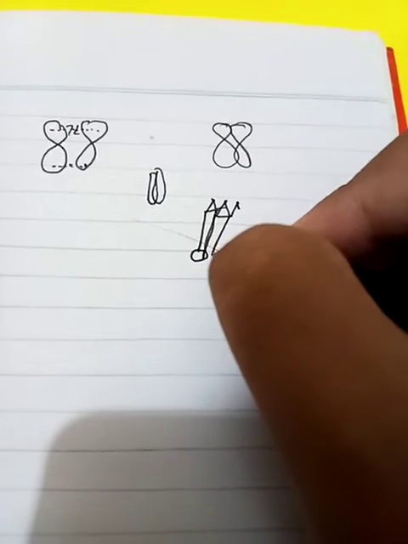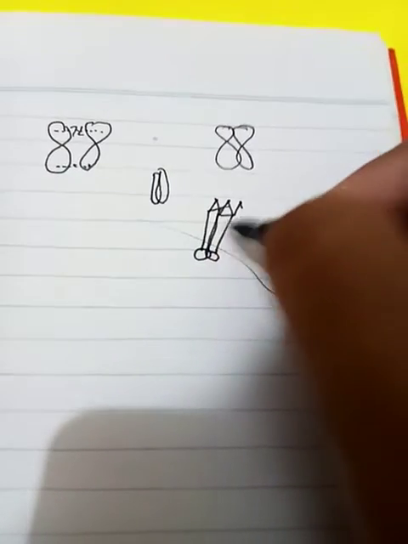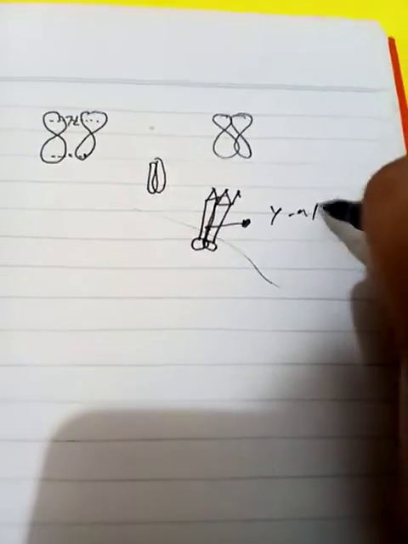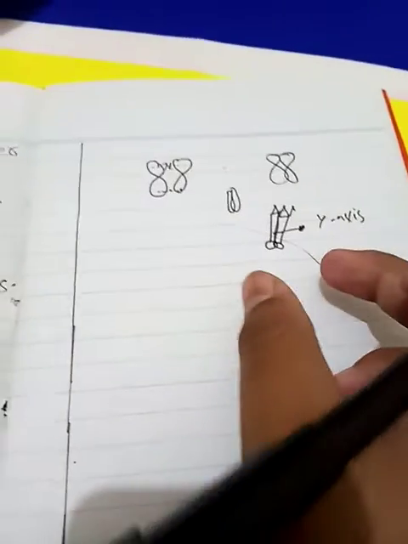Okay, so this bond will be called a y-axis bond, because they are sidewise. The rule of the x-axis was that they used to be in a head-to-head bond.